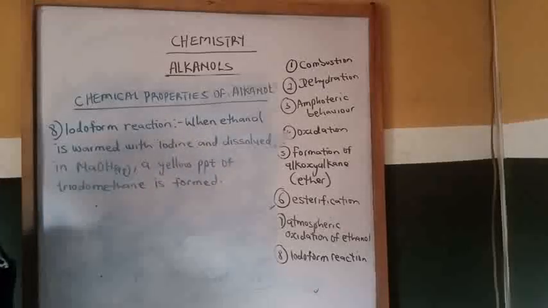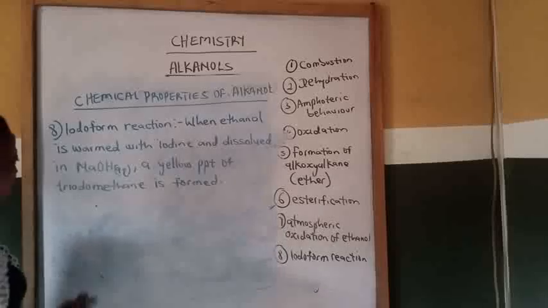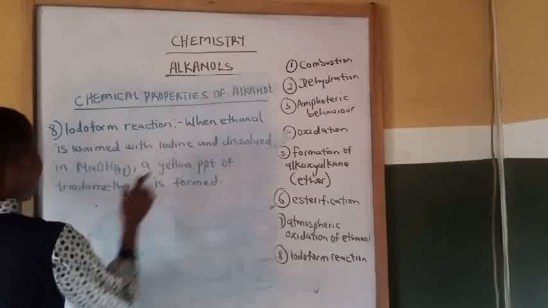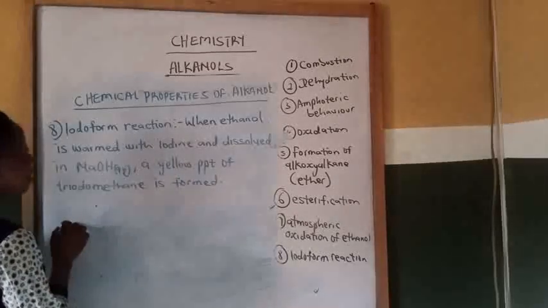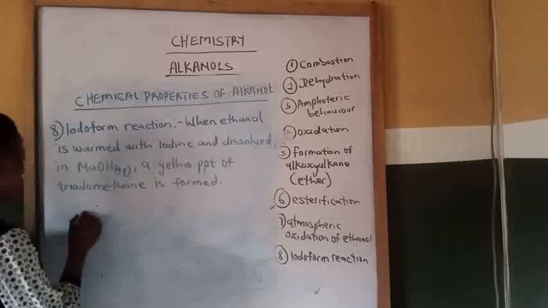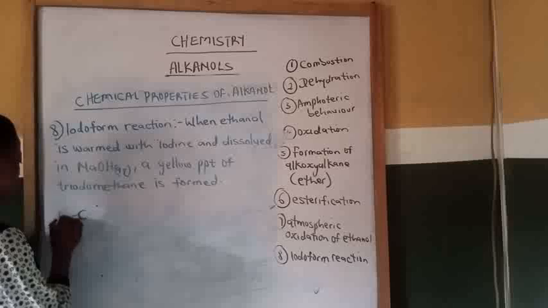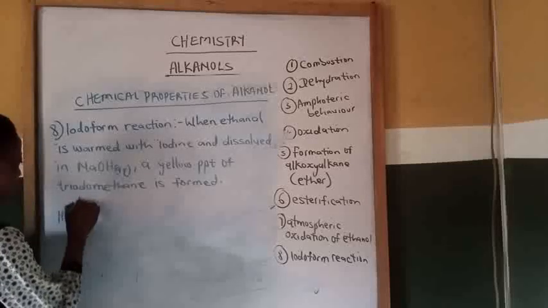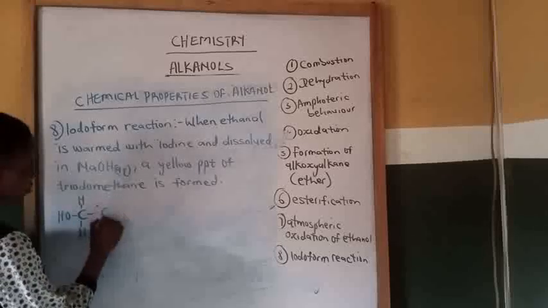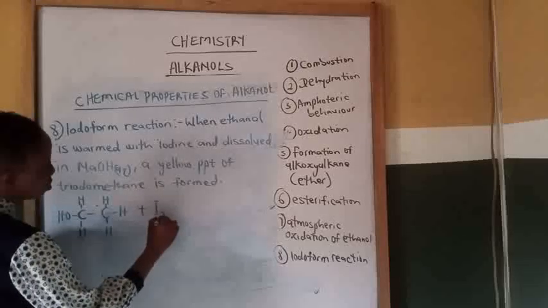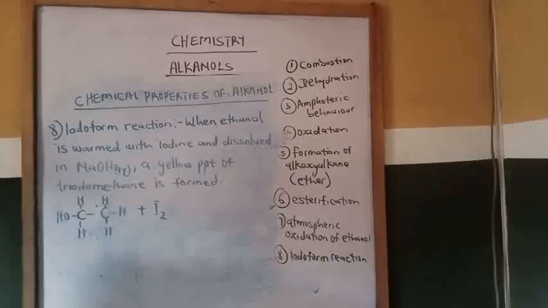This chemical reaction is of two stages. So let's first look at the reaction between ethanol and iodine. For ethanol, I'm going to use the structural formula to explain. Plus iodine.